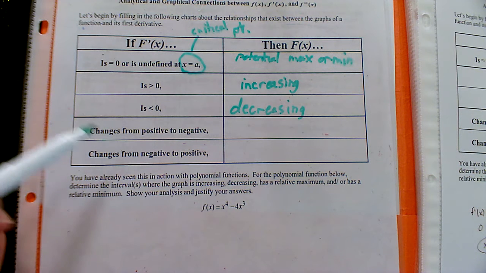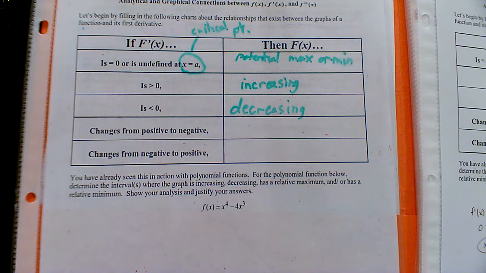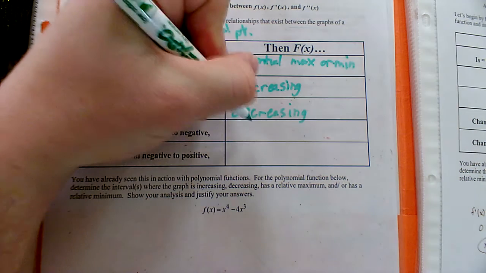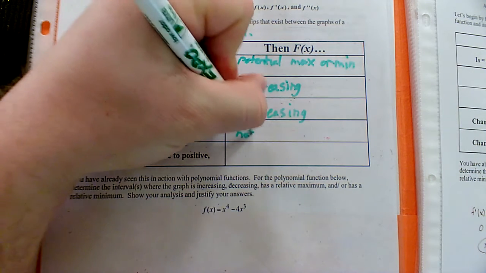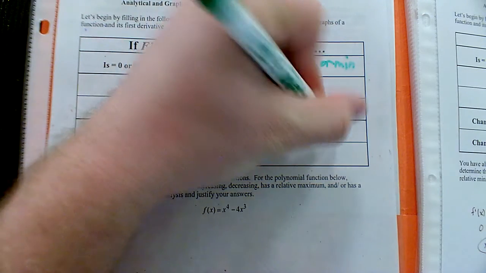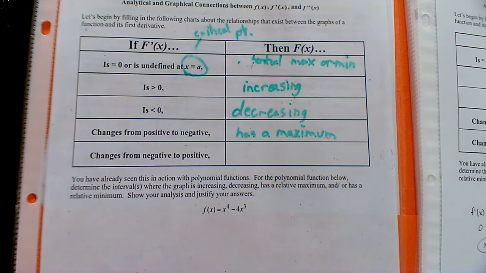What if we have a derivative that changes from positive to negative? Dan? You'd have a maximum. Yeah, it's going from positive, and then it's going back down to negative, so you would have a maximum. Has a maximum.